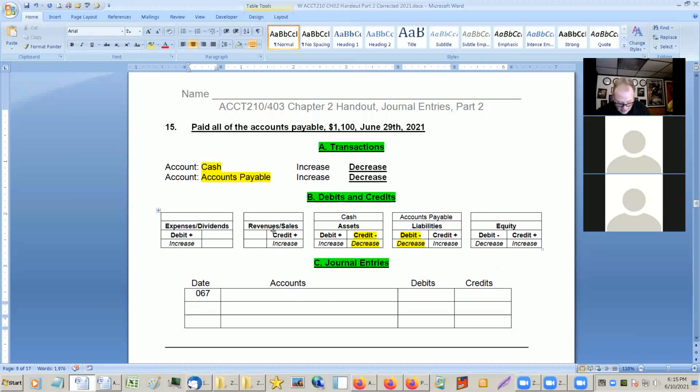Okay, so accounts payable is a liability, and cash is an asset.